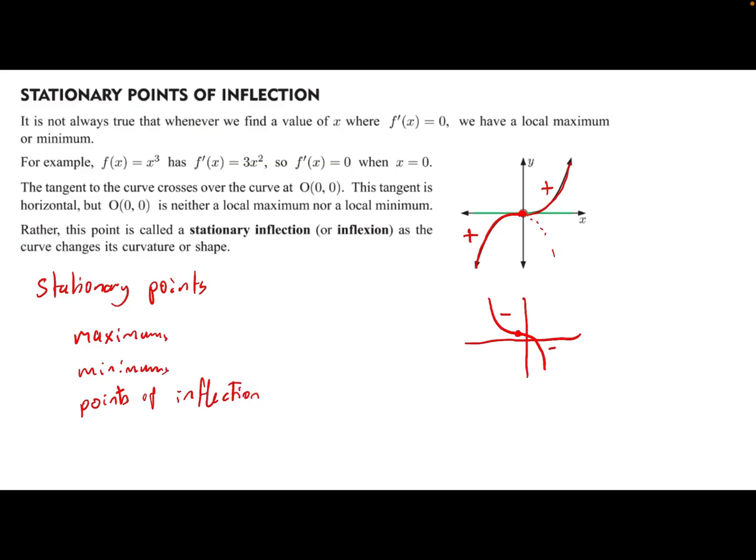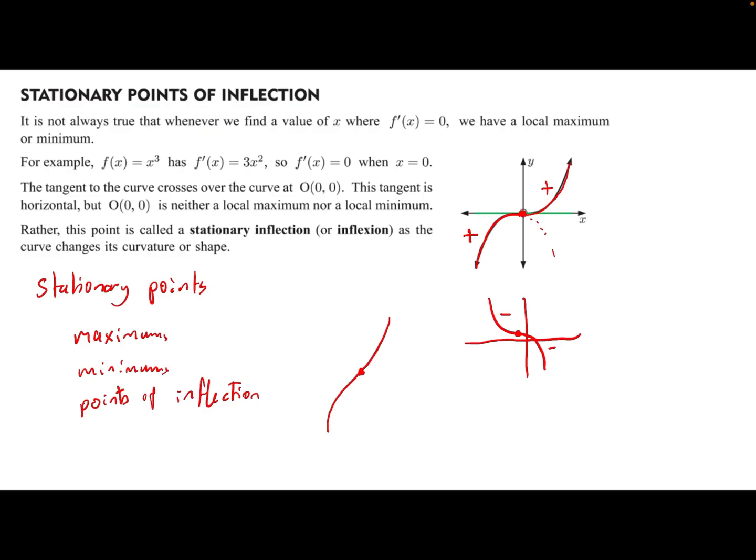Inflection, okay? Might be worth noting as well that a point can be a point of inflection, but it may not be a stationary point. A stationary point can be a point of inflection, but a point of inflection is not necessarily a stationary point, okay? For example, if I did something like this, this would be an inflection point, but the gradient is not 0.